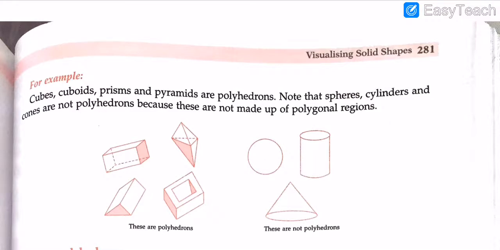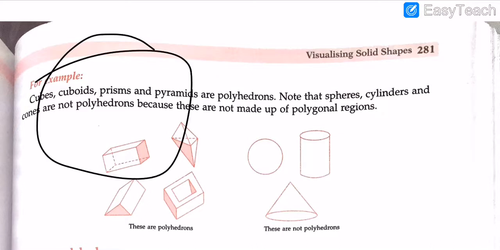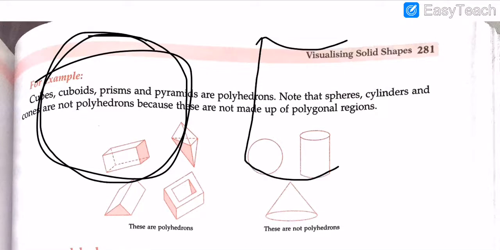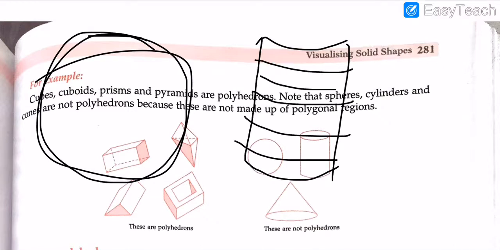Note that spheres, cylinders and cones are not polyhedrons, because these are not made up of polygonal regions. Now when I say these are not made up of polygonal regions, this means that they are not made up of straight lines. They have at least one curved surface. Like a sphere, if you see a ball, the whole thing is a curved surface, so it cannot be called a polyhedron. Similarly, in cylinders, this whole surface is a big curve.